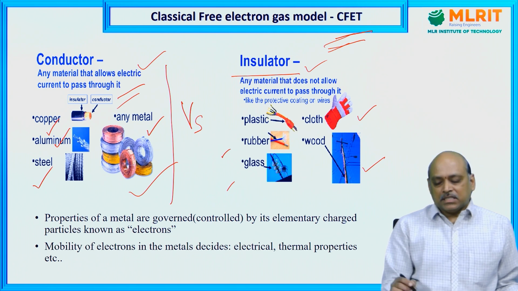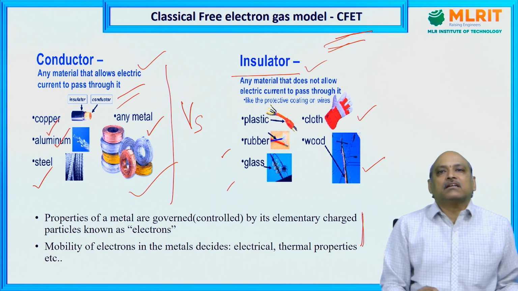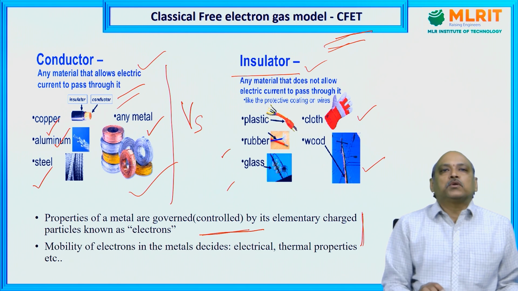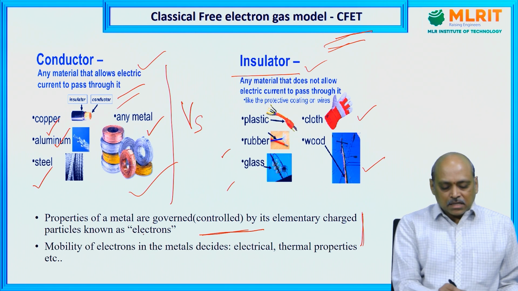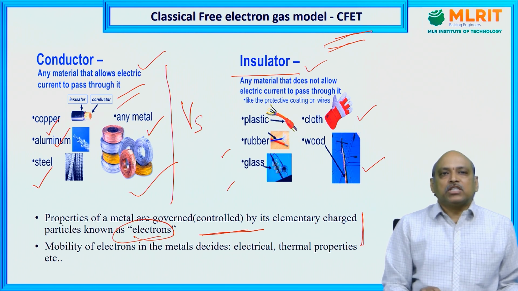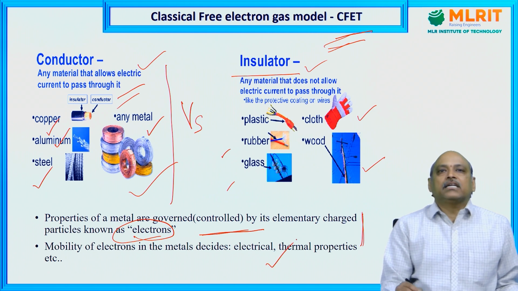To know about this theory, first we must know about electrons in a material. Every material is made up of atoms, and in atoms, electrons are the charged particles. Electrons control or govern the entire properties of a material, such as electrical, thermal and magnetic properties and all others.